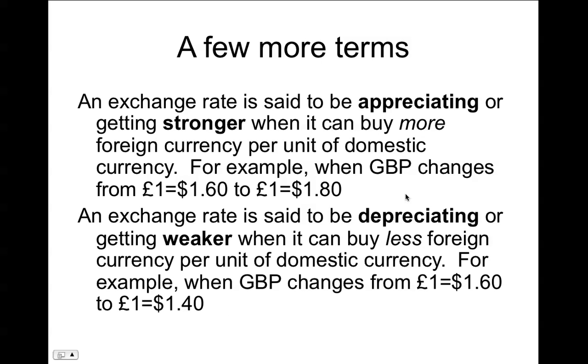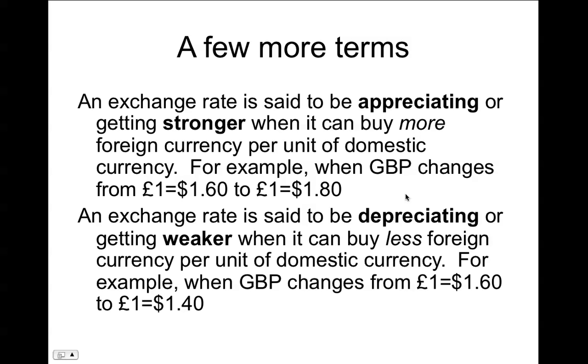A few more terms that are worth knowing: an exchange rate is said to be appreciating if it's getting stronger, when it can buy more foreign currency per unit of domestic currency. So for example, if the pound goes from $1.60 to $1.80, we would say that it's appreciating, whereas if an exchange rate is depreciating, it's getting weaker because it can buy less of that foreign currency per unit.